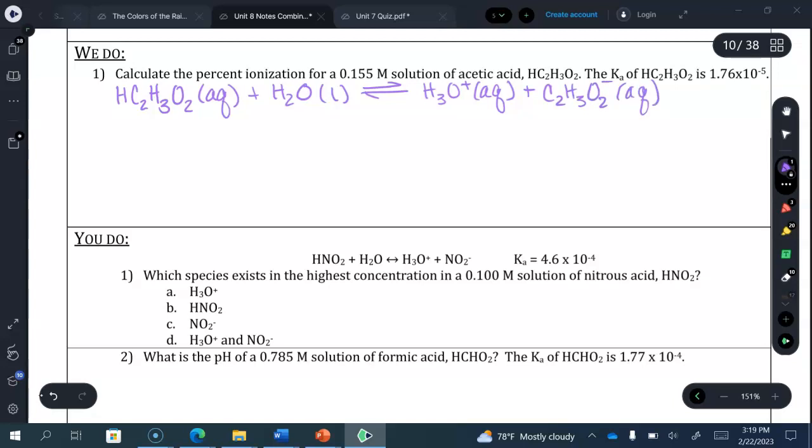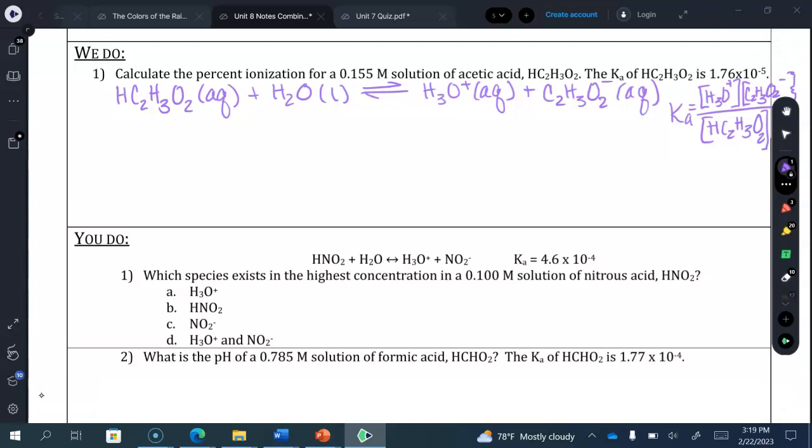Then your other job is to also write the Ka expression, which I'm going to put over here and tuck in. So H3O plus times the acetate ion, divided by the concentration of acetic acid.